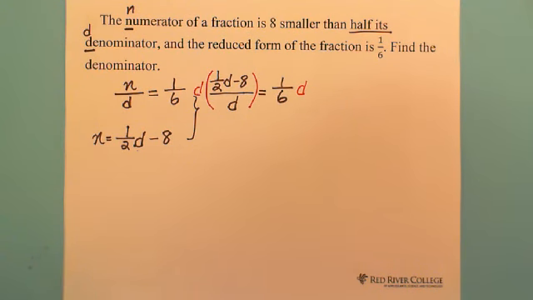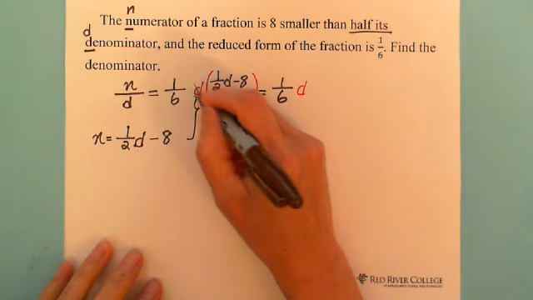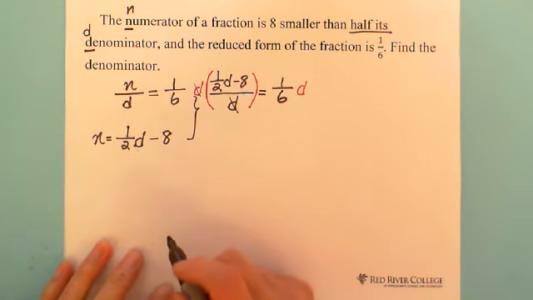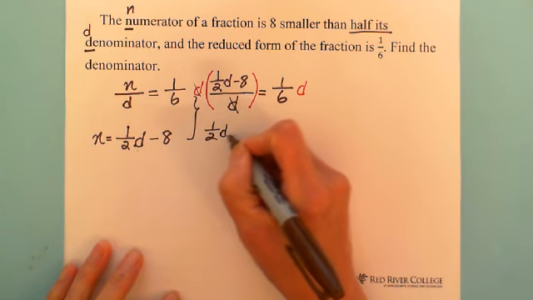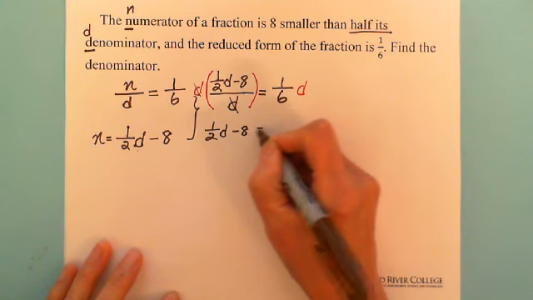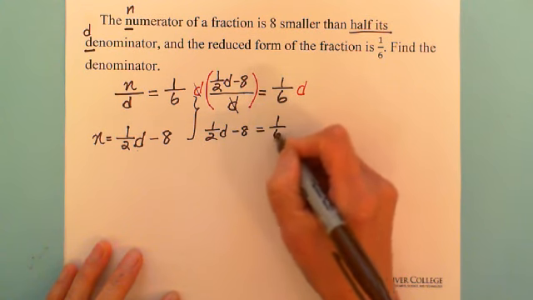After multiplying d on both sides, the d cancels out. Then we have 1/2 d minus 8 equals 1/6 d.